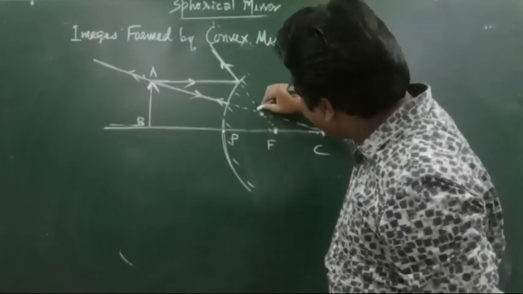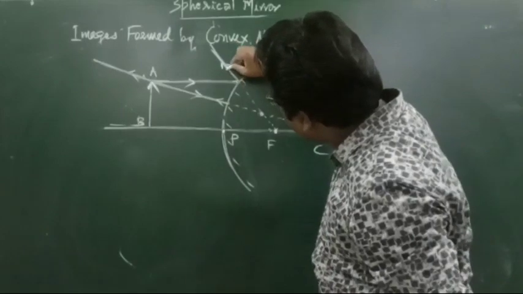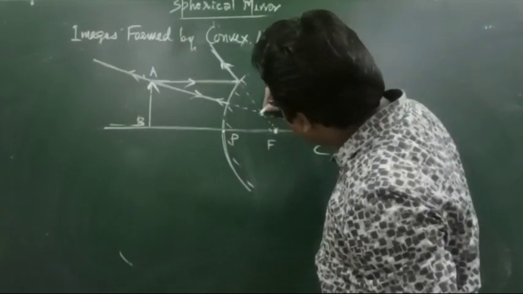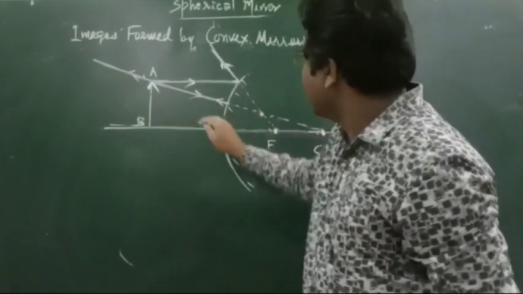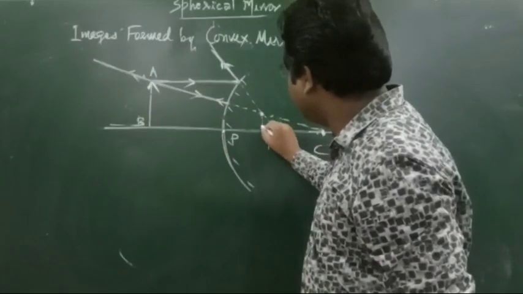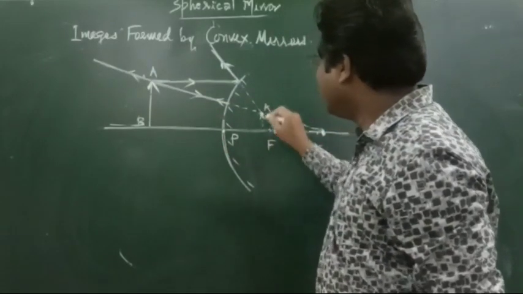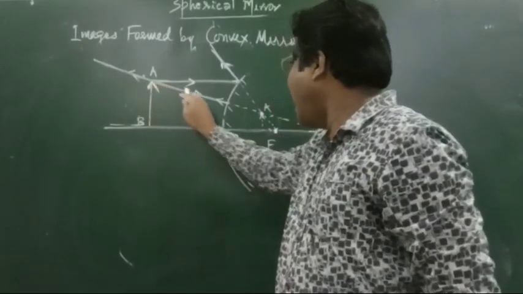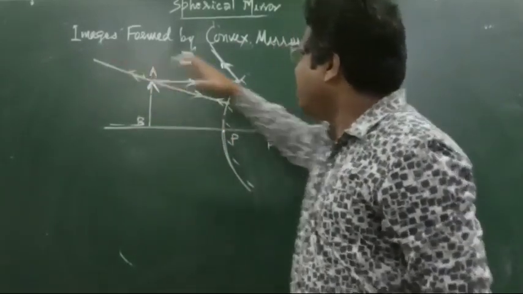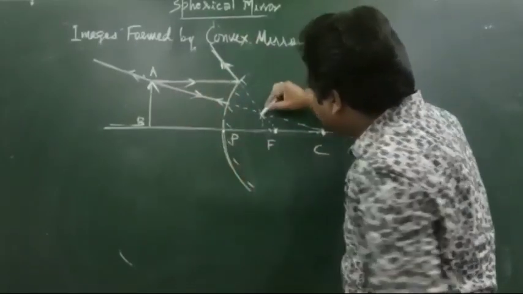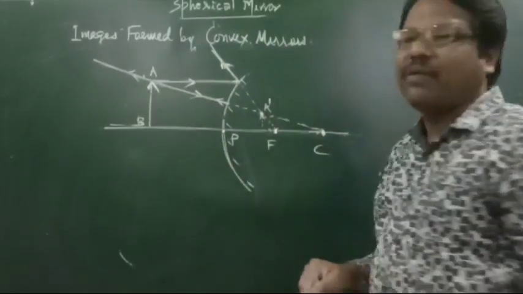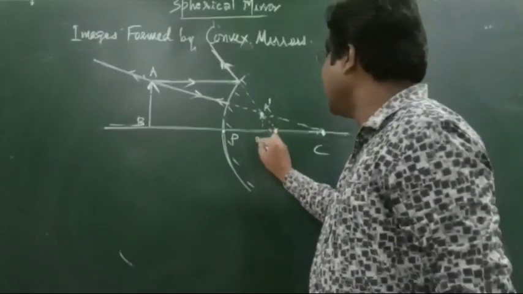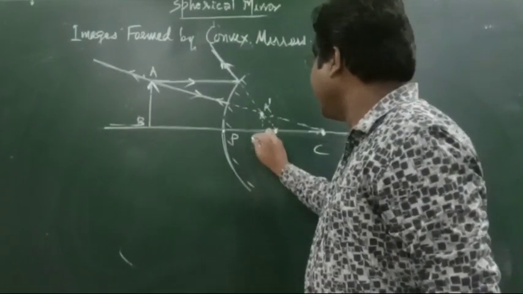It is seen that the rays appear to diverge from this point. So here will be the image formed. Because when the rays are incident from A, after reflection, the rays appear to diverge from this point. So here the A dash will be formed, and here is the image A dash B dash.